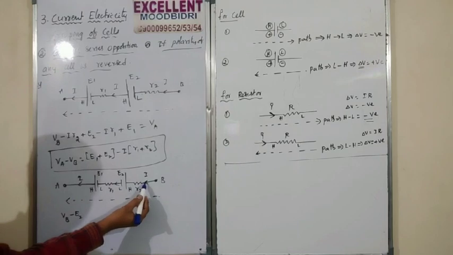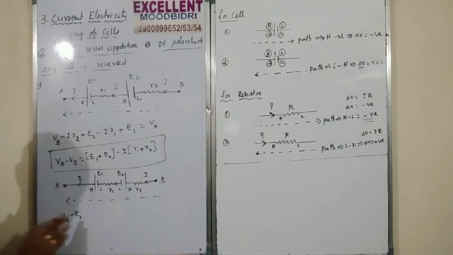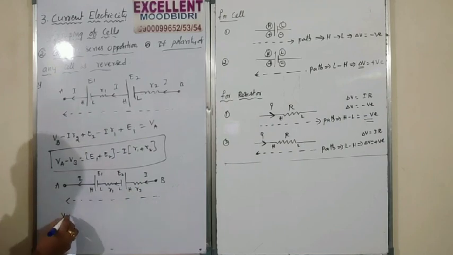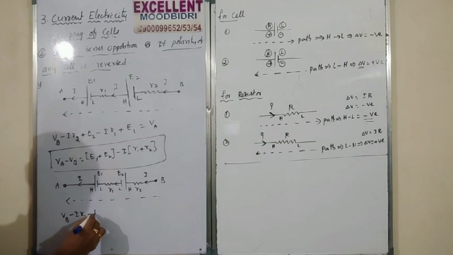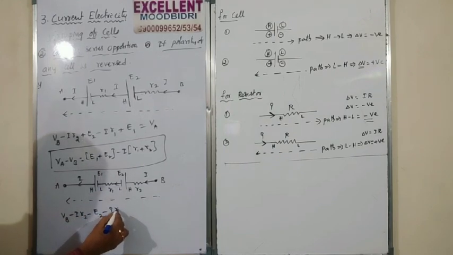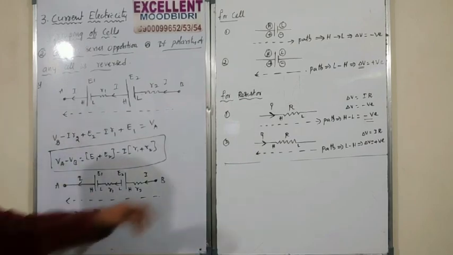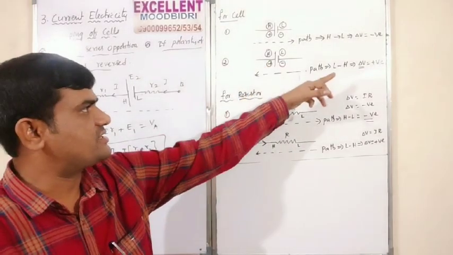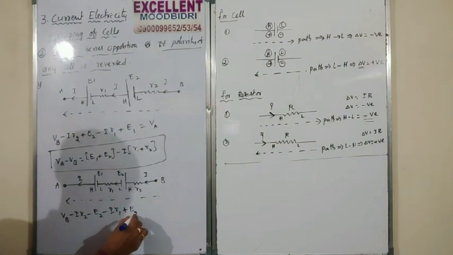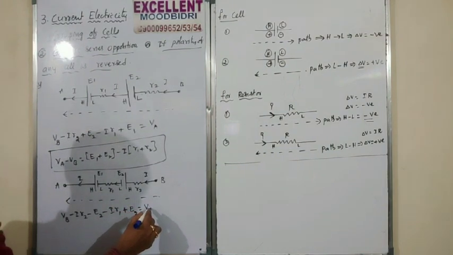Now current, extremely sorry. First this one, both are in the same direction, minus I into R2. Next minus E2. Then minus I into R1. Lower to higher, lower to higher is the positive. So plus E2 is equal to VA.